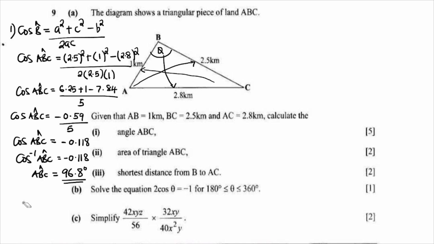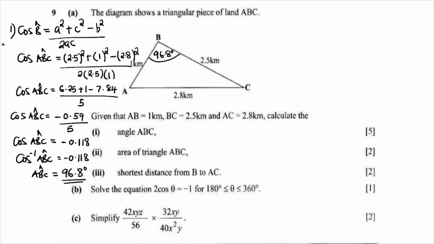Now that we have the angle, which happens to be 96.8 degrees, we can now find the area. So how do we find the area in this case? This is a non-right angled triangle.